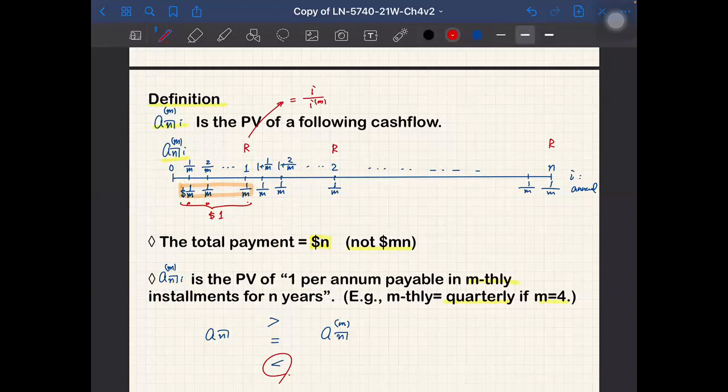So this quantity, a angle n superscript m, is an annuity immediate of R for n years.